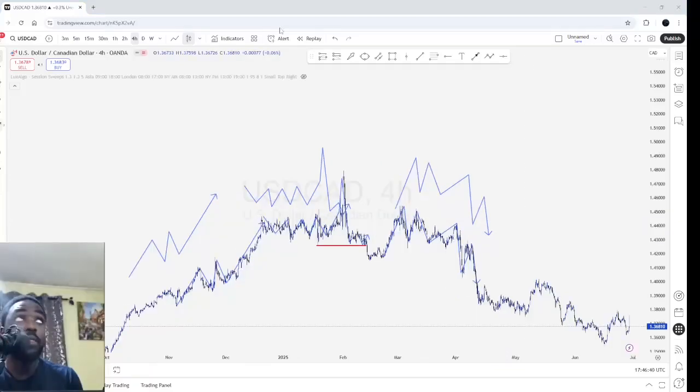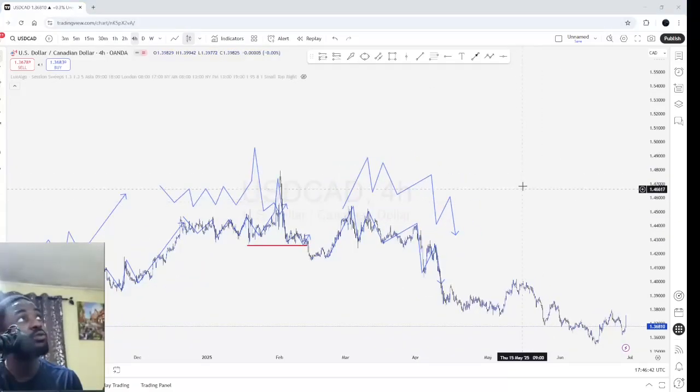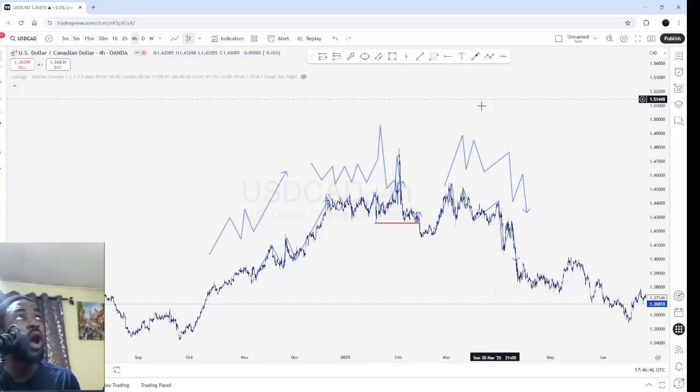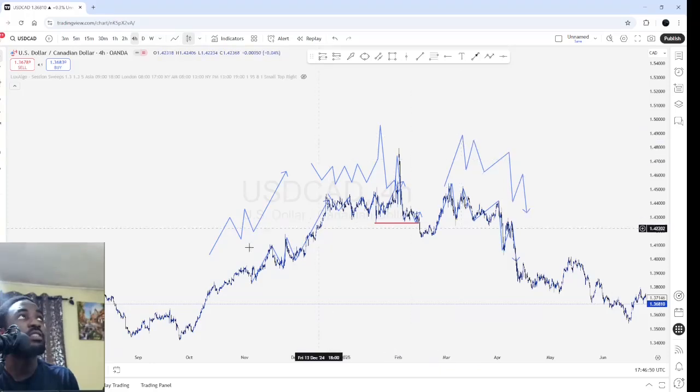Alright, so now what is next? The next thing we need to know is, okay, let's say for instance we are in a bullish trend like this, how do we spot zones where price will take off? Do you get me? That's our next move.